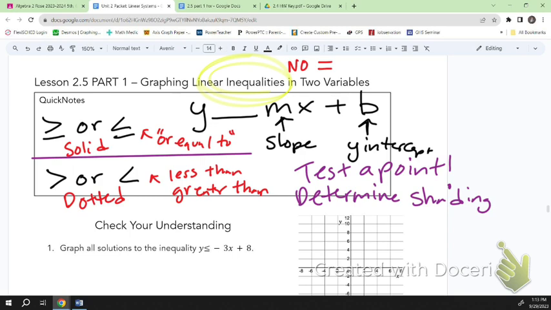In number 1, where do I start my graph? What is the y-intercept and what is the slope? 8. Great. Let's graph that point. On the y-axis, I'm going to put 8.